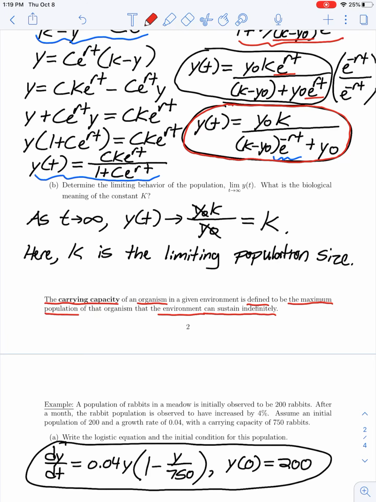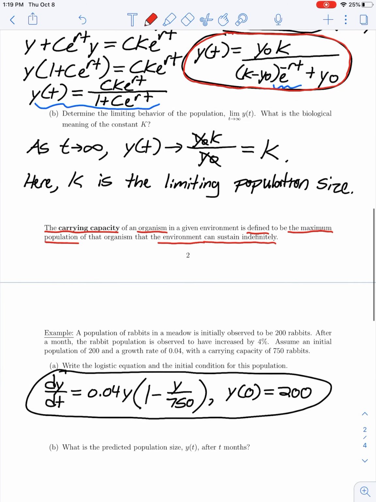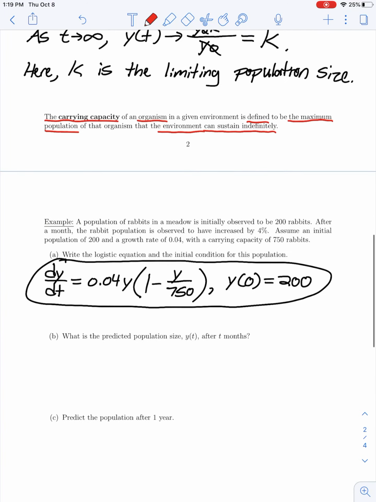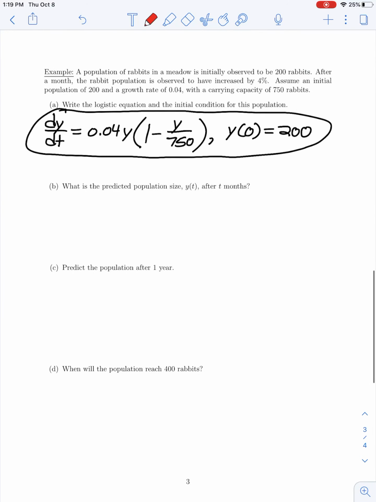So taking the values that we have for y naught, k, and r, and substituting them into that equation, let's see what we have. From what we found in the previous example, y of t is defined as k times y naught over k minus y naught times e to the negative rt plus y naught.